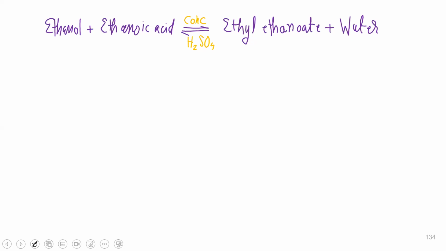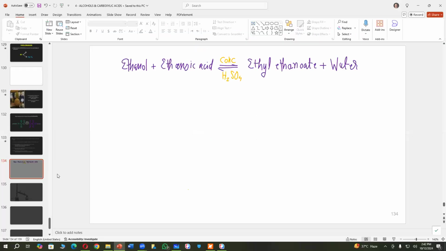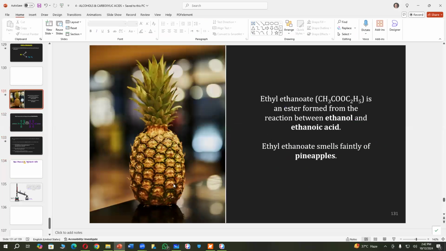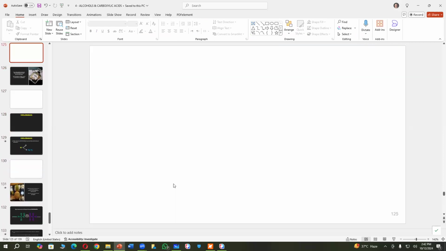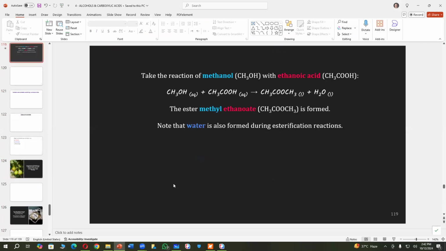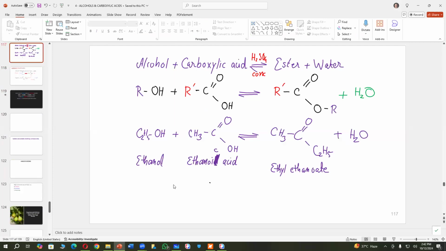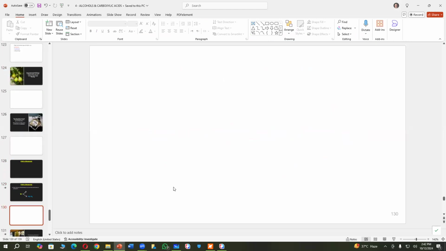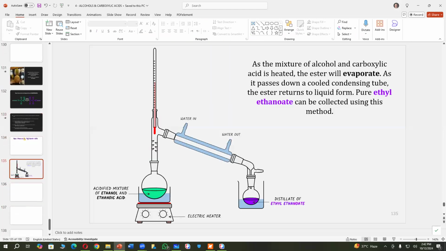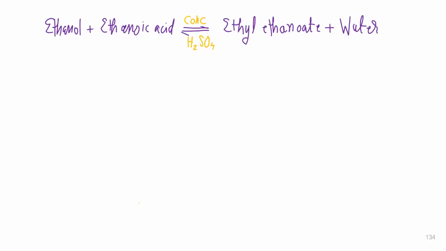Okay, I'm back. Now look at this reaction, ethanol plus ethanoic acid. This is the reaction we are making in order to make ethyl ethanoate. Now copy this word equation.